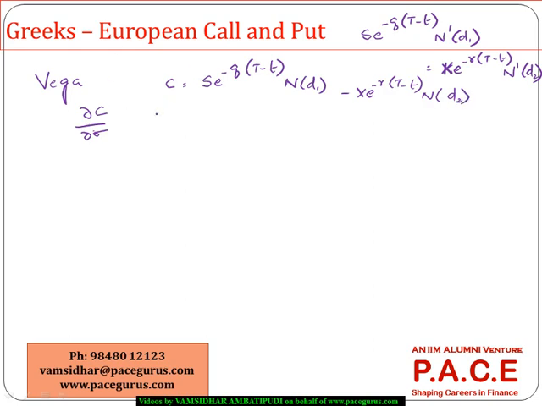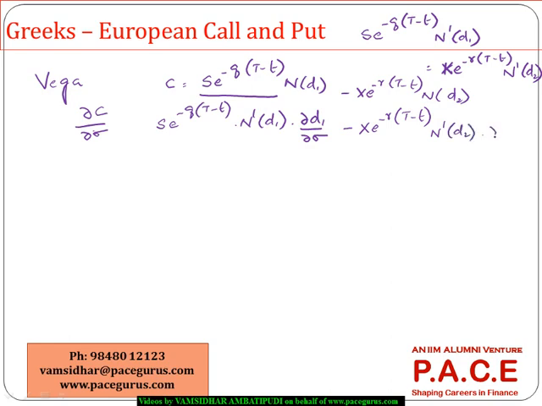So when I want dou c by dou sigma, the entire thing does not contain sigma, only this one does. So I can write it as S e power minus q (T minus t) N dash of d1 and dou d1 by dou sigma, minus X e power minus r (T minus t) N dash d2 dou d2 by dou sigma.